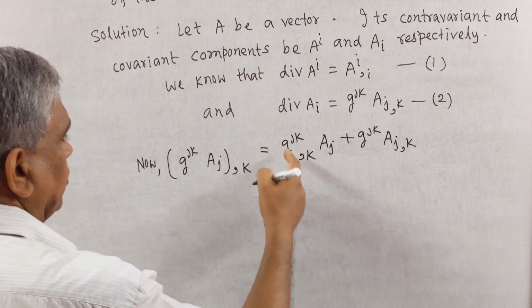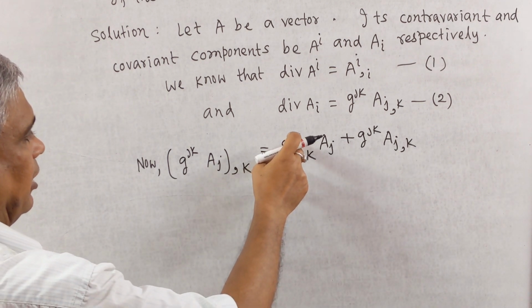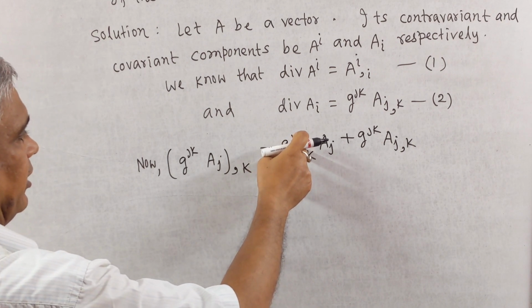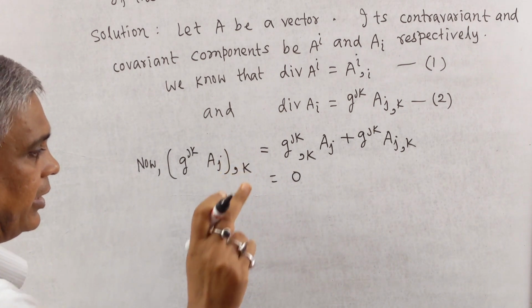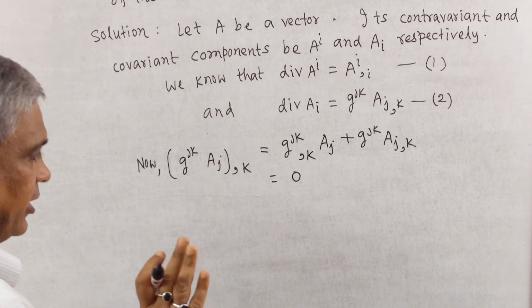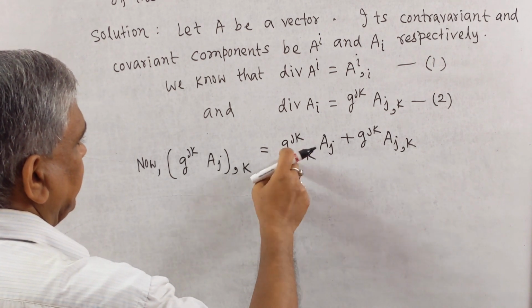The first term is 0 because we know that the fundamental contravariant tensor is a covariant constant by Ricci's theorem, so its covariant differentiation is 0.